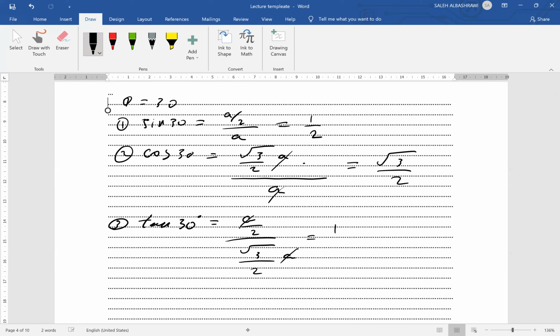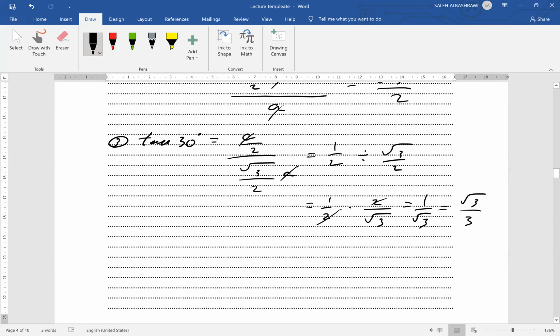So I will have 1/2 divided by square root of 3 divided by 2, or I can write it as 1/2 multiplied by the reciprocal, which is 2 over square root of 3. I can cancel 2 with 2. It is 1 over square root of 3. But it is recommended to not keep any radical in the denominator. So we rationalize this one to be square root of 3 divided by 3 by rationalizing.